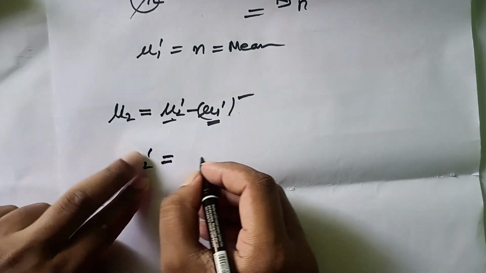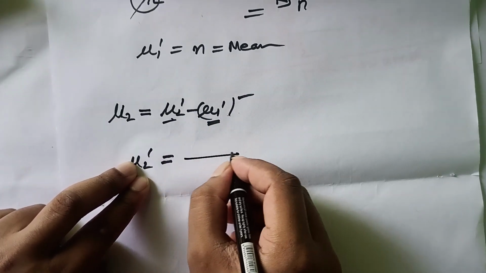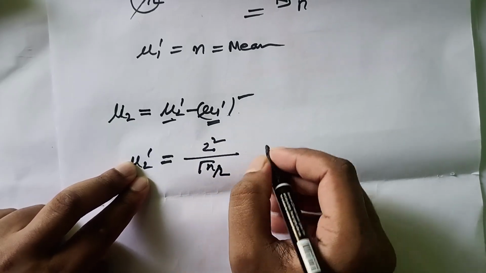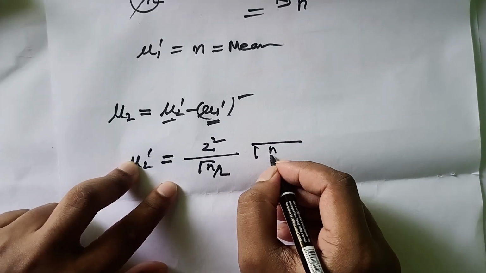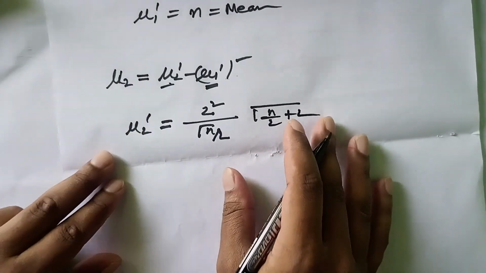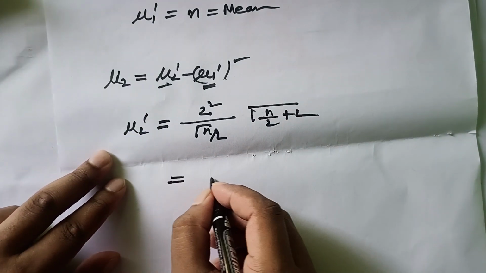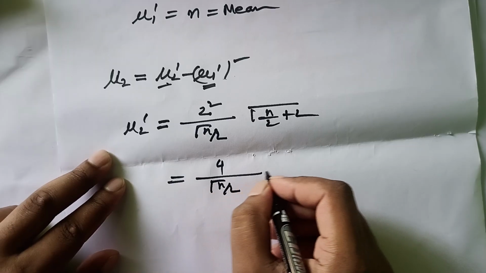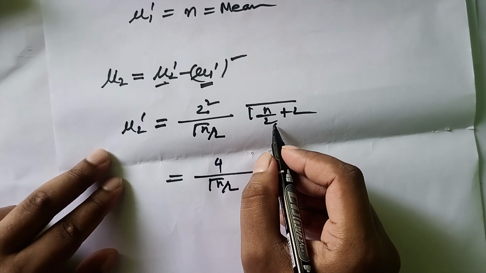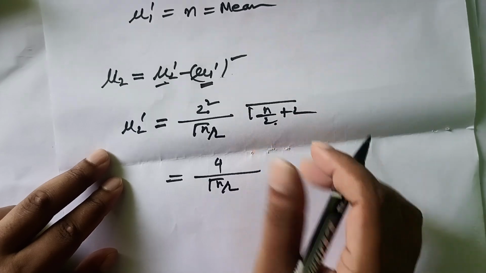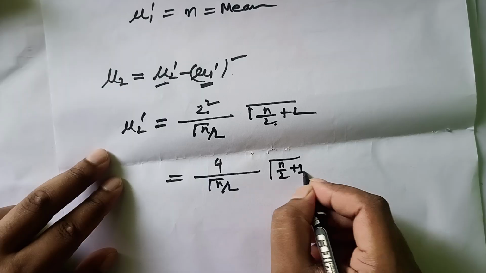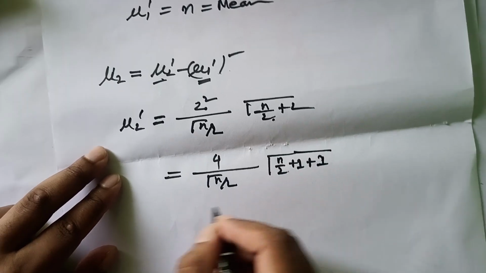Mu2 prime is defined like this, 2 to the power 2 gamma n by 2 plus 2. Okay, and it is 4. 2 square is 4 gamma n by 2, and if you write this one, you can write n by 2 plus 1 plus 1, right?